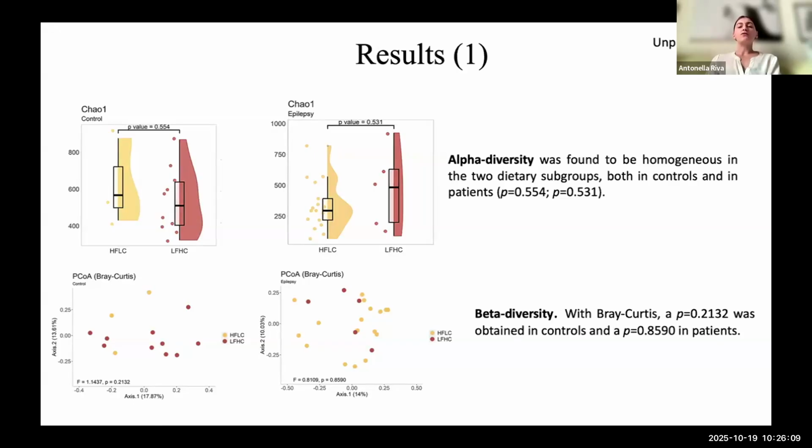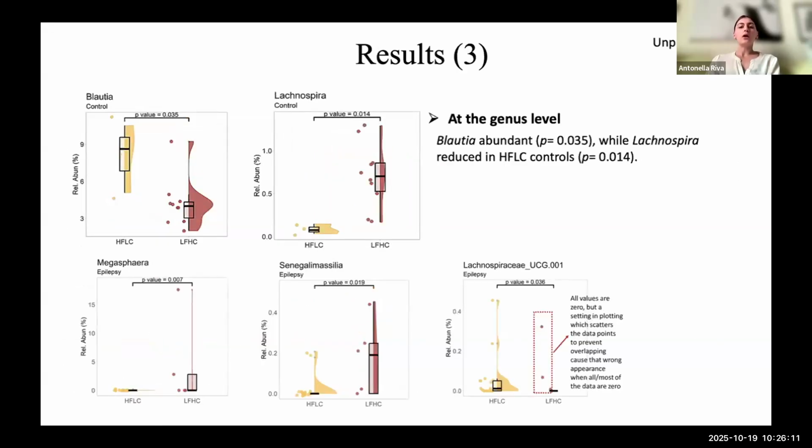But from the point of view of the analysis of the bacterial species which were there, at this level, we found a trend towards significance in the presence of Blautia, which was more represented in the group which had a high fat, low carbohydrate diet, resembling the ketogenic diet.